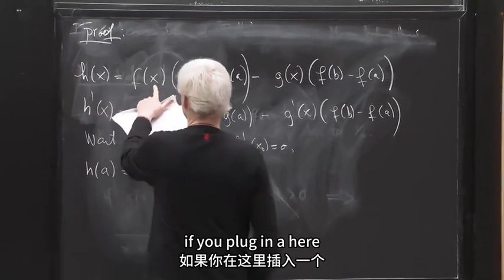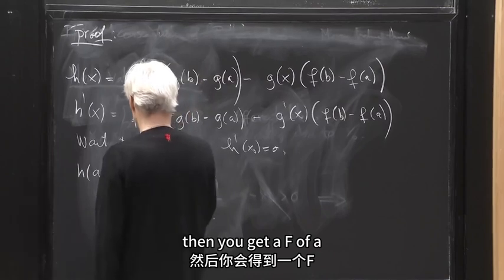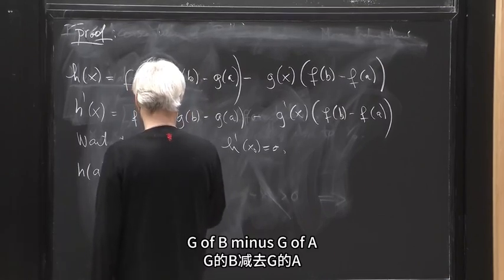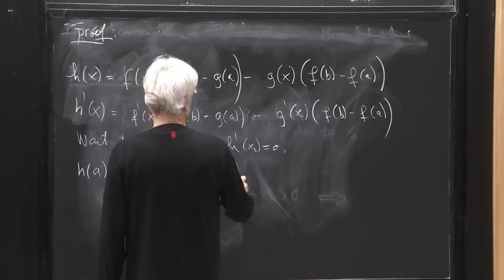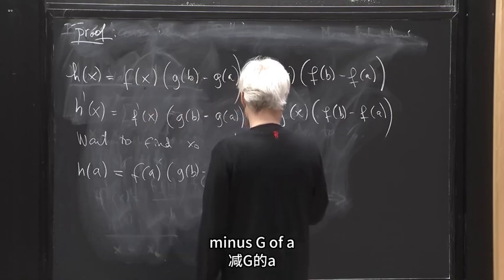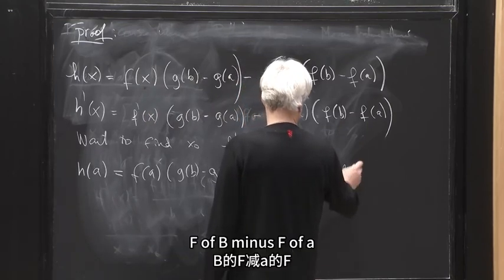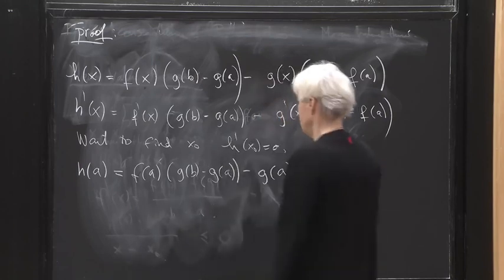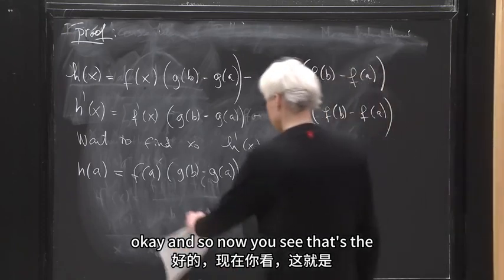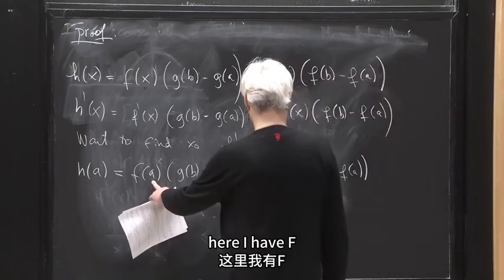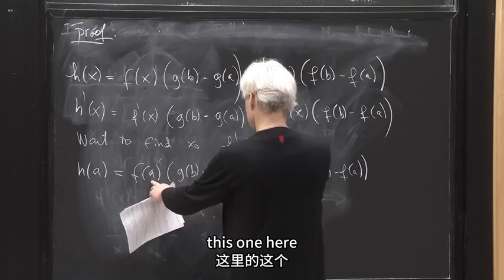If you plug in a here, then you get f of a, g of b minus g of a, minus g of a, f of b minus f of a. Okay? And now you see I have this one here, this one here.